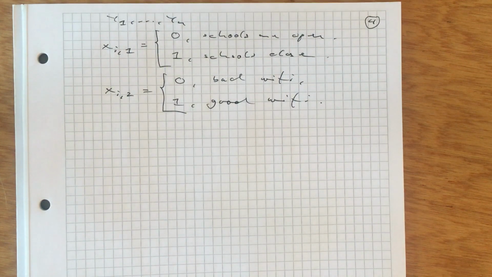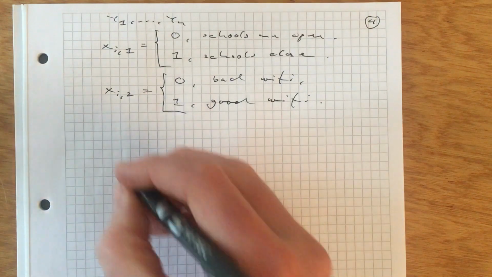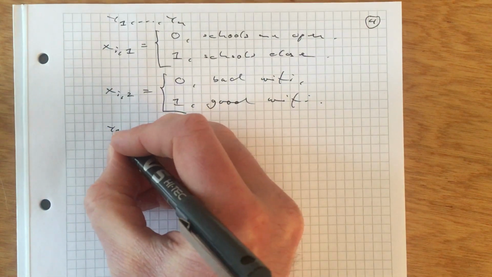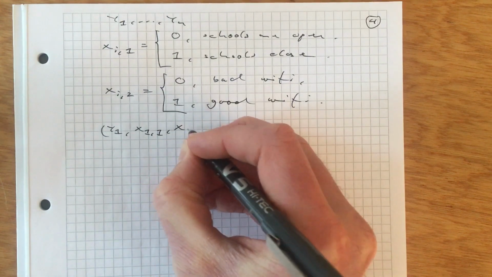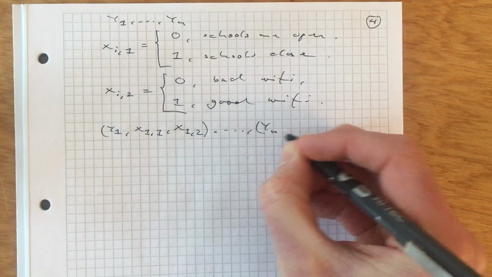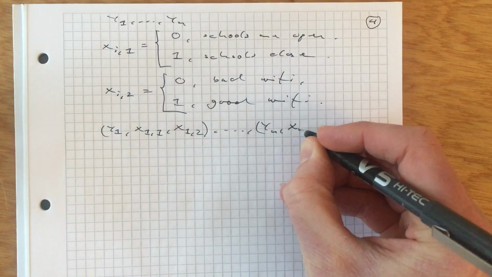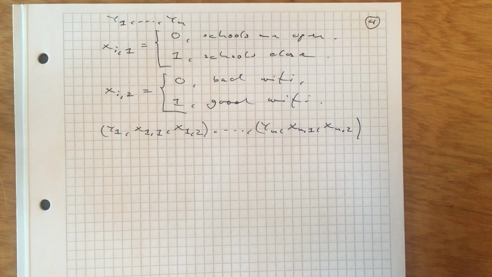So the data we have for these countries now is y1, x11, x12 up to yn, xn1, xn2.